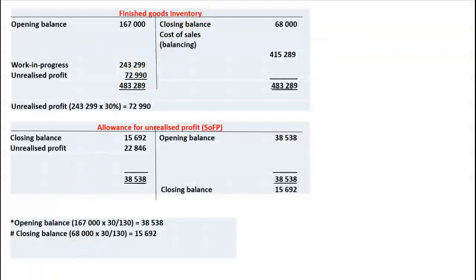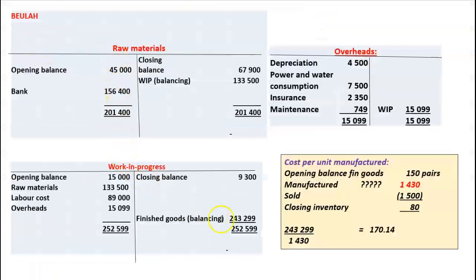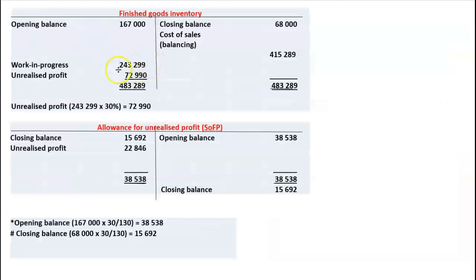So although I can only transfer from my work in progress, accounting-wise, the actual amount of the goods manufactured, 243,299, we have to bump it up with 30% because the sales department is going to receive these 1,430 pairs at a bumped up price.